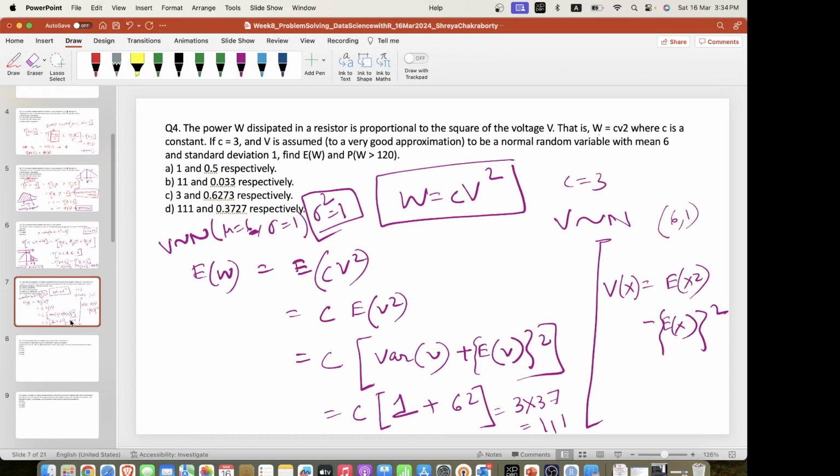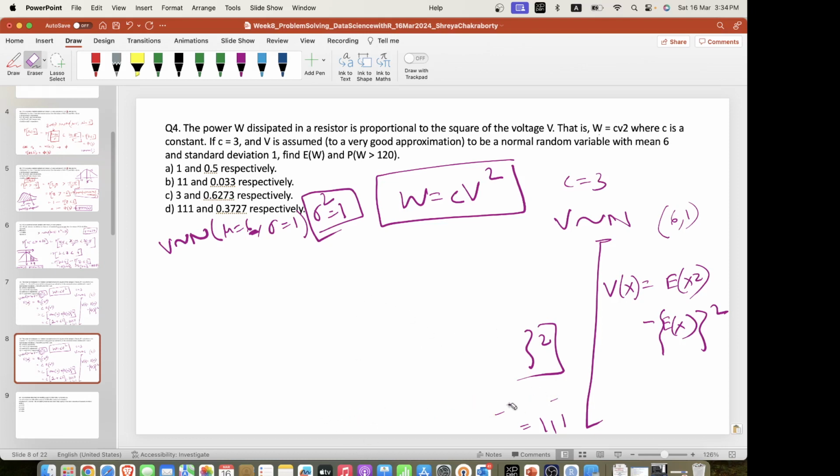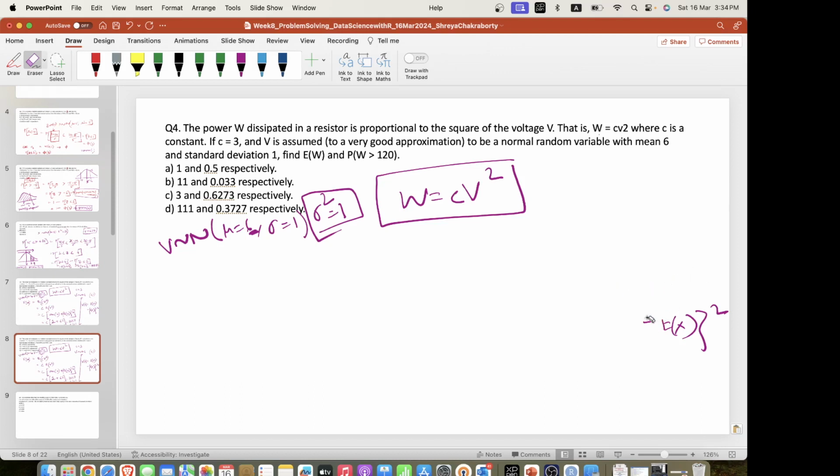Okay. Now I have to find the probability that W is greater than 120. One more thing I want to ask. Were you taught about chi-square distributions? I don't think so. No, ma'am. Still not. Okay. Fine.